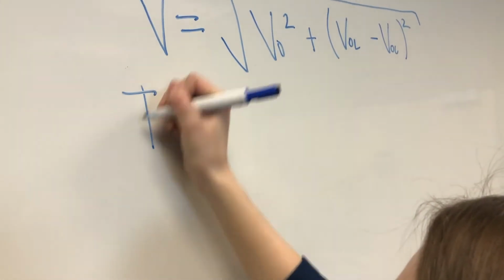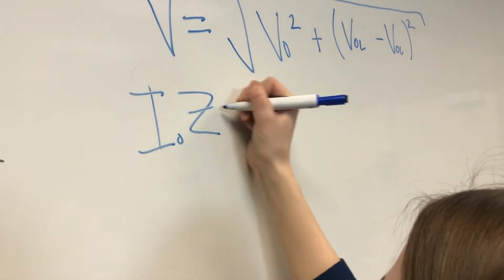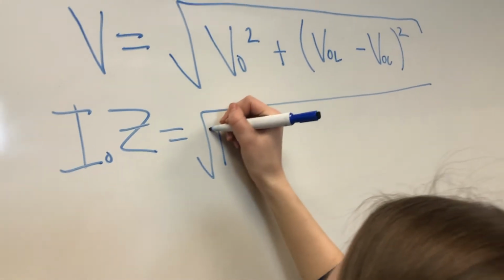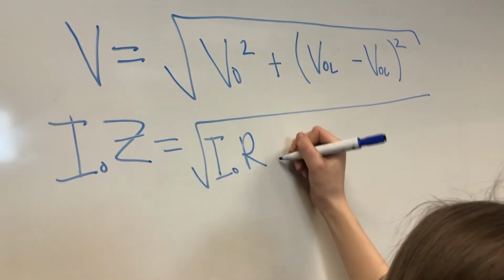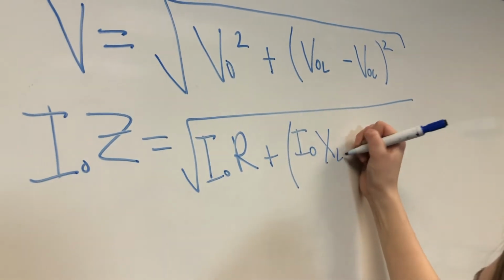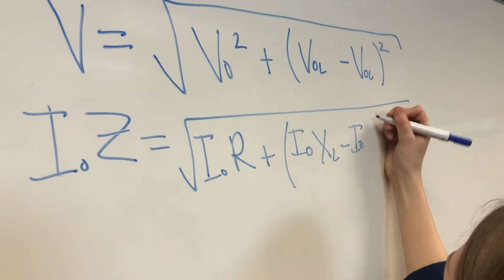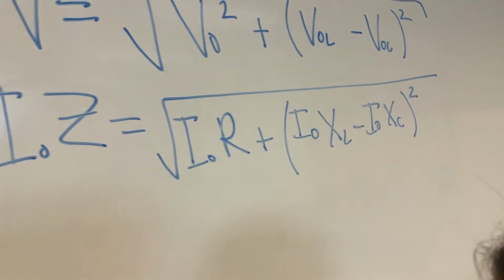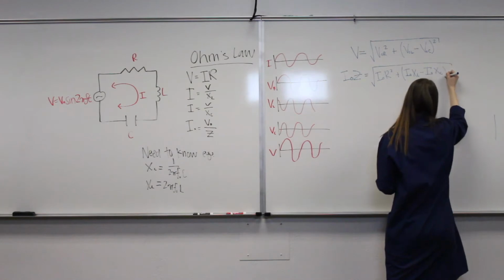I0 times impedance is equal to the square root of I0 times R squared plus the quantity I0 times XL subtract I0 times XC, that quantity squared.